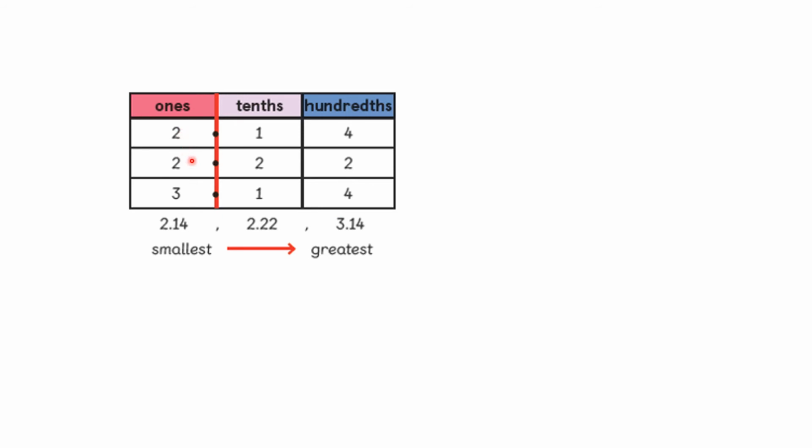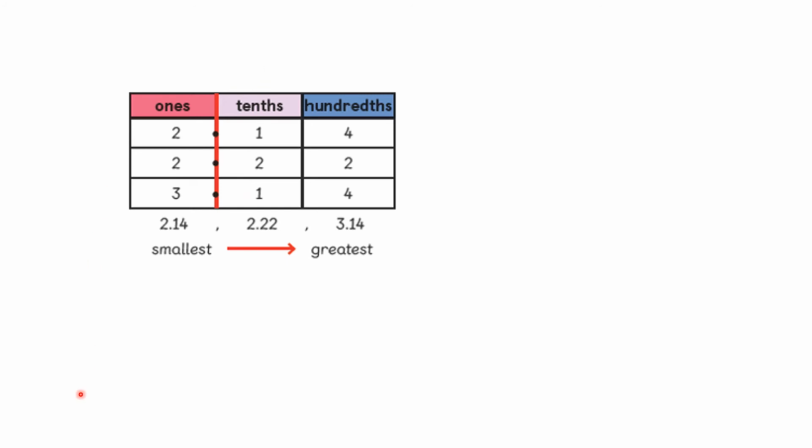Now these two have the same amount, so I'm going to go to the tenths column, and I can see that this number here is the second biggest because it has more tenths than the first one, so I would write it here. And this number is the smallest because it has less tenths than this one. So that's another way. I would start with my ones column and compare the digits there. Then I would move to my tenths column and compare the digits there.